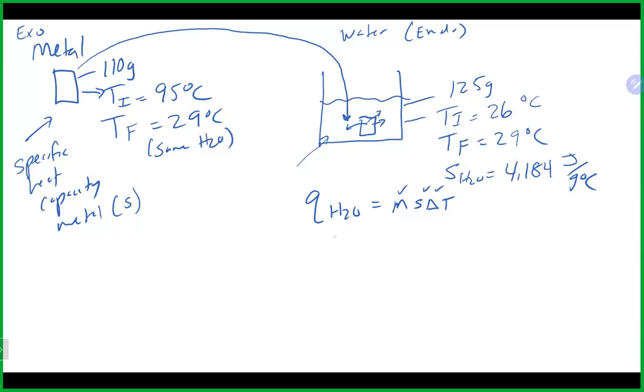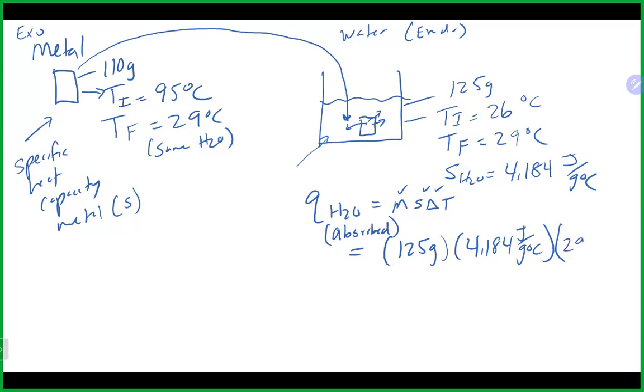Let's figure out how much energy the water absorbed in this case by putting in our numbers. So we'll do 125 grams. We'll use our specific heat capacity of liquid water, which again is a number you'll be seeing a lot. We want final temperature minus initial temperature for the water. So our water ended at 29 degrees Celsius and started at 26 degrees Celsius. That is going to give us 125 times 4.184 times 29 minus 26.